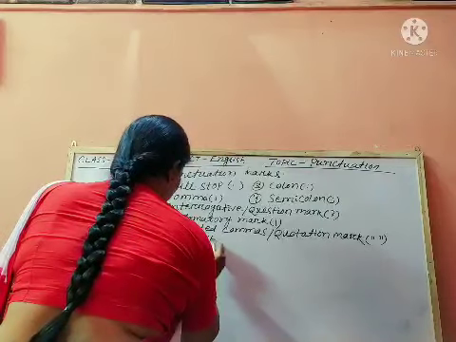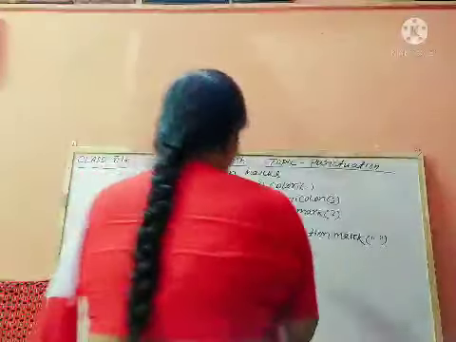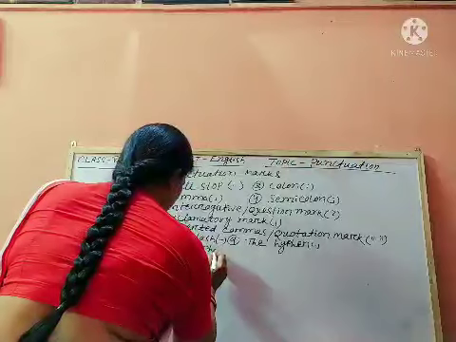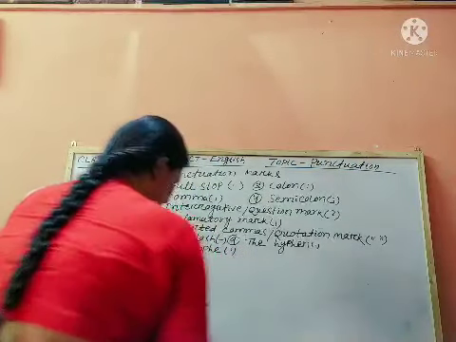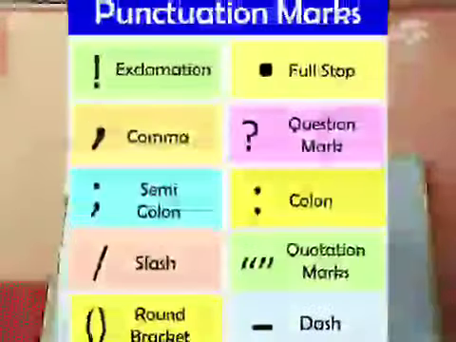Next, the hyphen. After the hyphen, we use apostrophe. Then bracket.